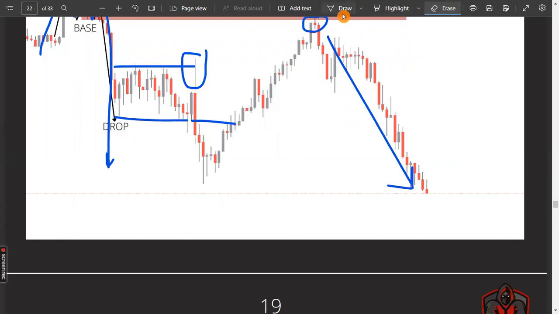You cannot say this is an imbalance because you saw a lot of wicks, which means buyers and sellers were entering. So it's not nice to find. You cannot say this is a good area to call a break of structure, because we also did not create a clear downtrend. A clear downtrend has to be formed with good momentum.